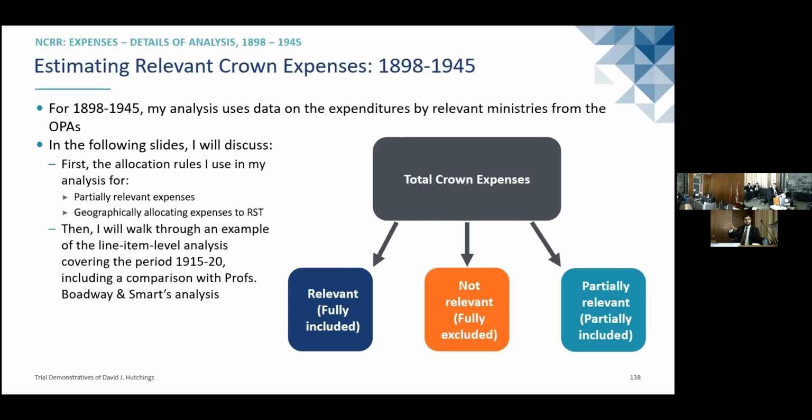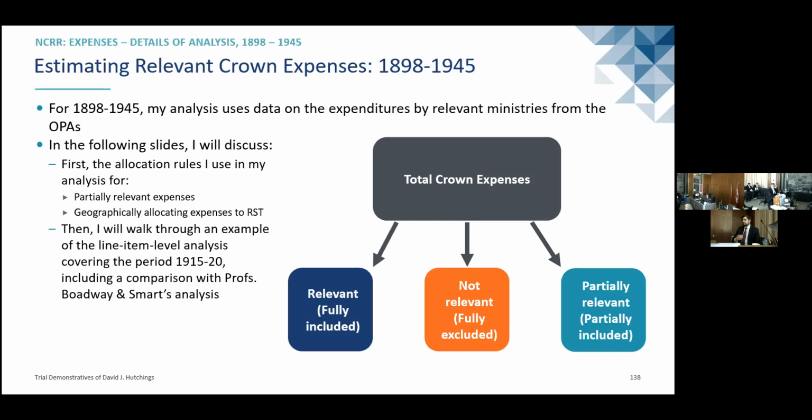So we're back to dealing with Ontario-wide data and how to first attribute that to the revenues I've talked about, and then how to allocate it to RST. So we can imagine we can get those total Crown resource-based expenses, the big gray box, from the public accounts, and then go through an analysis of which are relevant, which are not relevant, and which are partially relevant.